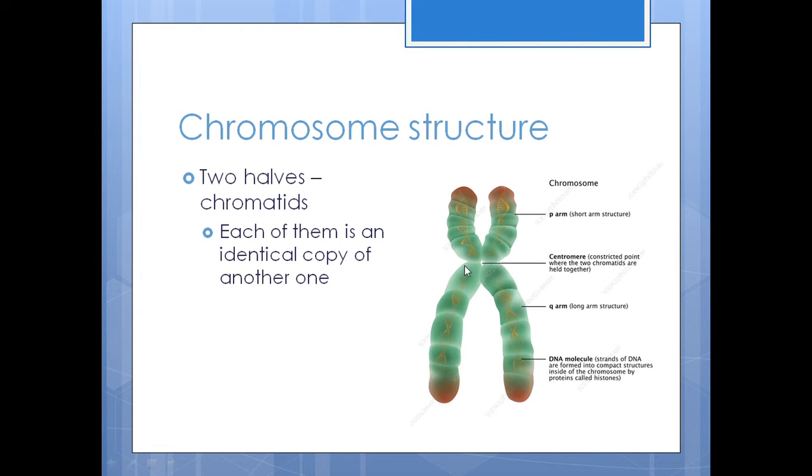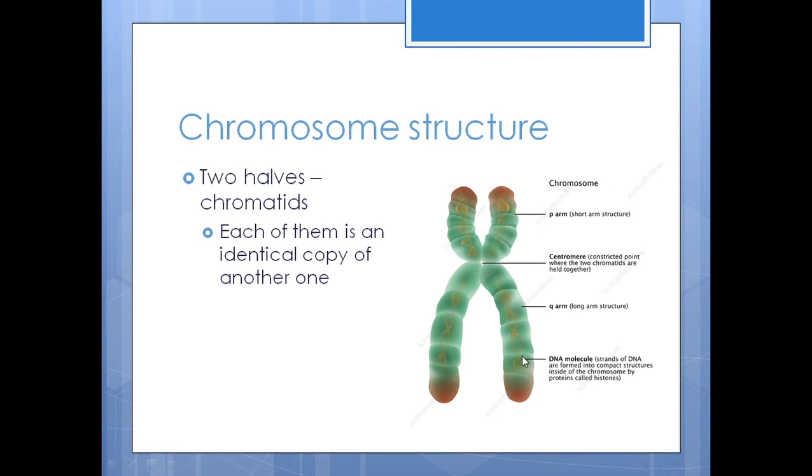A centromere is the place in which two identical copies of DNA are held together after DNA replication, not to get lost. So when DNA is copied, these two copies should stay together. They are clipped by a centromere, and they will split only at the proper moment to make sure that DNA is correctly segregated to resulting cells.